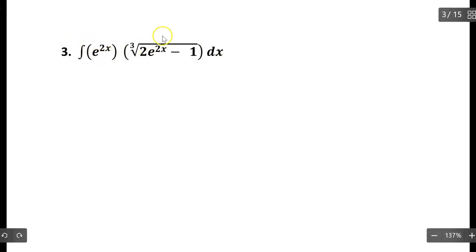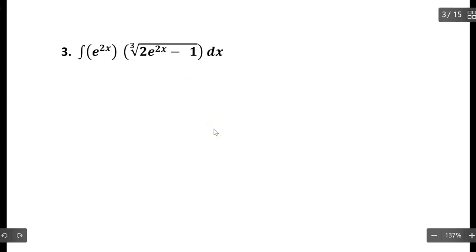What happened with this? Whenever you see something like this, you have to go back and think of the very first few lessons that you learned in integration. This is a function raised to a power. Whenever you have a function raised to a certain power, you immediately let that function equal to u.